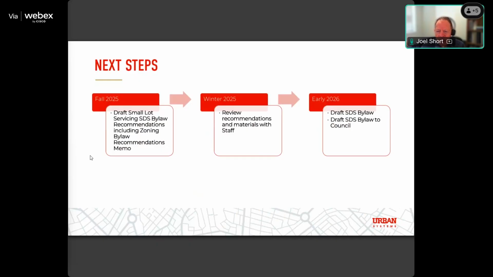And then we'll be having a draft subdivision servicing bylaw. And bear in mind, the subdivision servicing bylaw covers a vast array of things that need to be done. So these were some specific points we wanted to take to yourselves to get your thoughts on how to proceed. And we've got that. So we really appreciate that. I just wanted to finish that up.